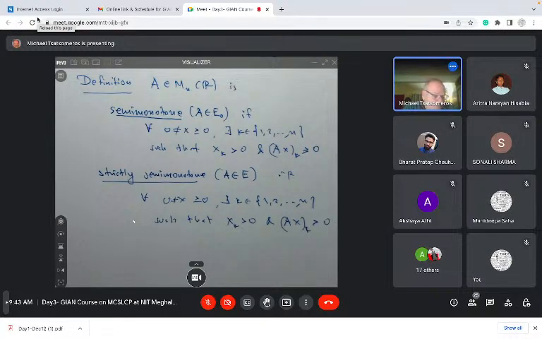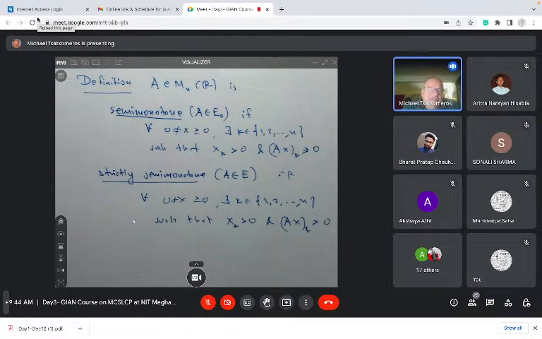And the first question that came to my mind was, what do they look like? You asked earlier, was it Somali that asked, what do 2 by 2 and 3 by 3 P matrices look like? I asked the same question: what do 2 by 2 and 3 by 3 semi-monotone matrices look like? And I think we answered that, but it's not a pretty answer. Generally, we don't know.